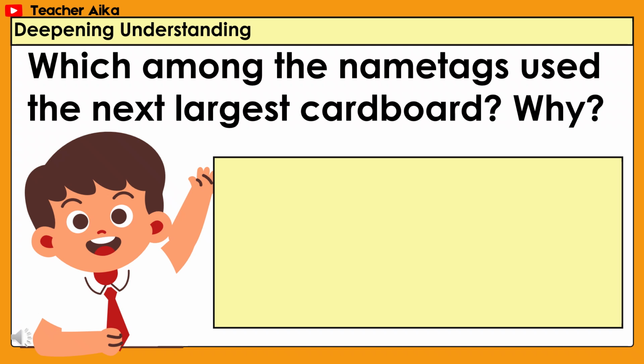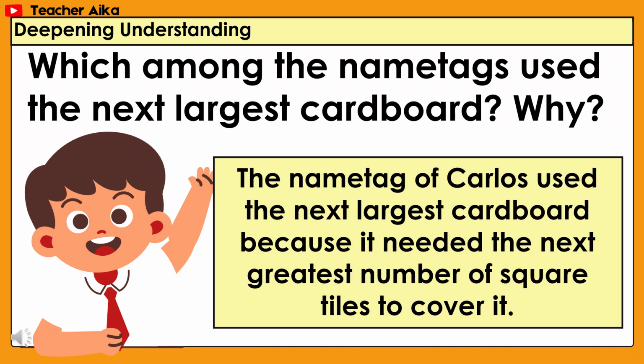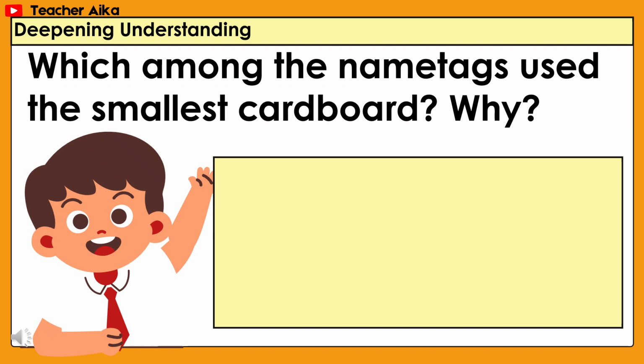Which among the name tags used the next largest cardboard and why? Answer: The name tag of Carlos used the next largest cardboard because it needed the next largest number of square tiles to cover it. Which among the name tags used the smallest cardboard and why?